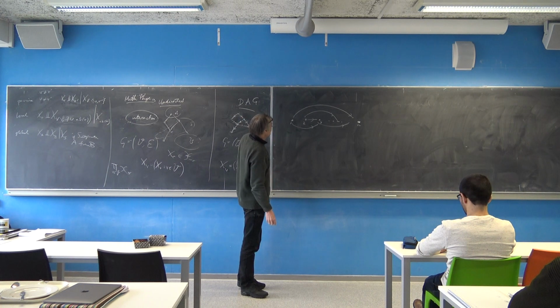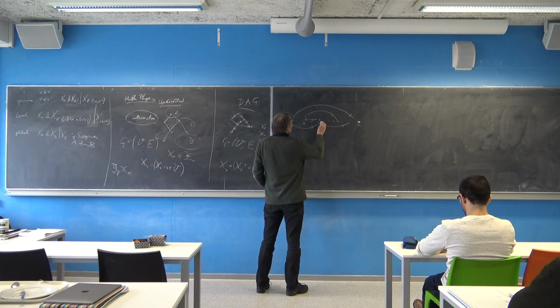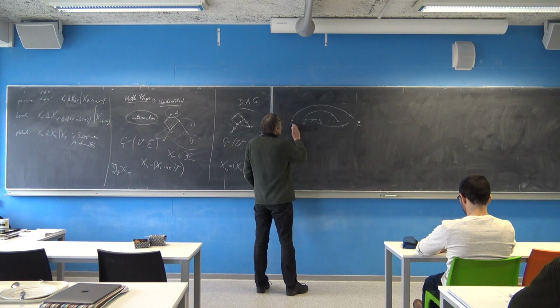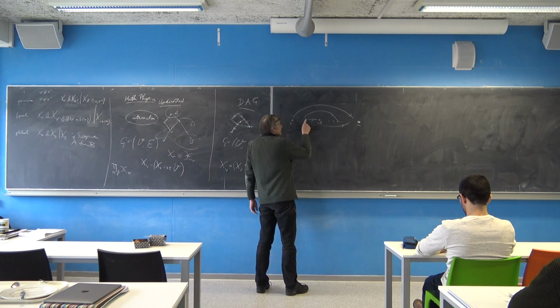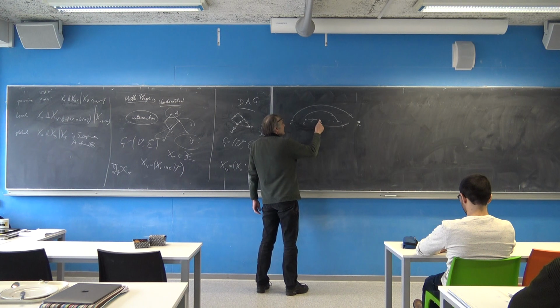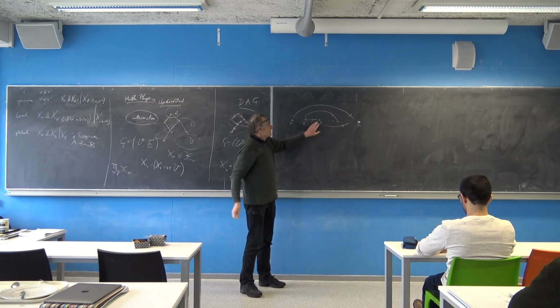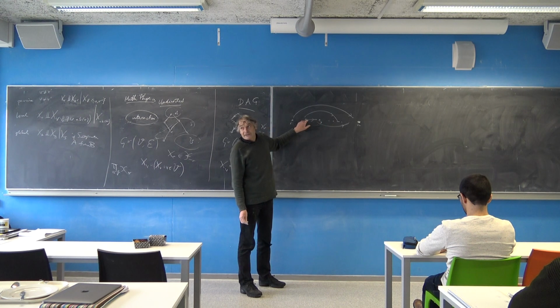So better to take another one where there's not everything. Well, suppose this arrow was not there. So I first make variable 1, then I make variable 2, next I make variable 3, but I may need to know what the value of variable 2 is. And the probability distribution I will use for the third variable will depend on the second variable.